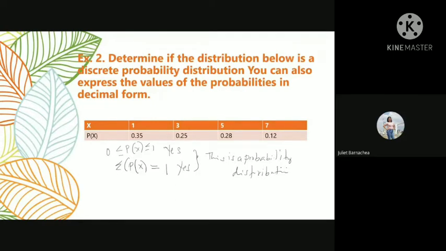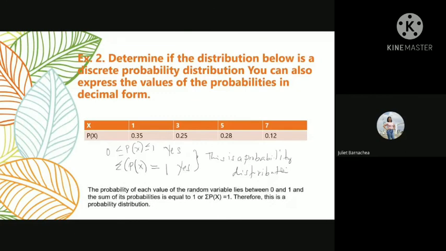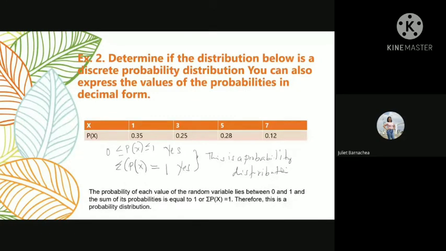Yan. Number 3. Lagyan nyo ng number ha. The probability of each value of the random variable lies between 0 and 1, and the sum of its probabilities is equal to 1, or summation of P of X is equal to 1. Therefore, this is a probability distribution.